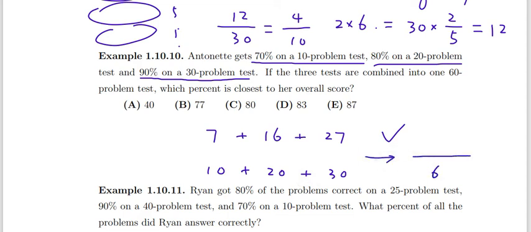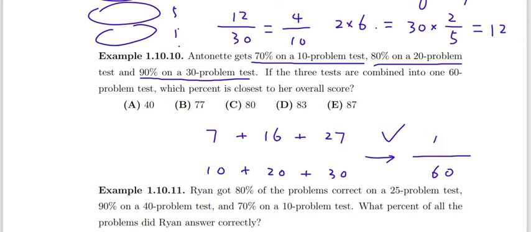Totally we have 60 questions. Among 60 questions, how many did she answer correctly? So this is 14 plus 16 plus 27, 50, right?